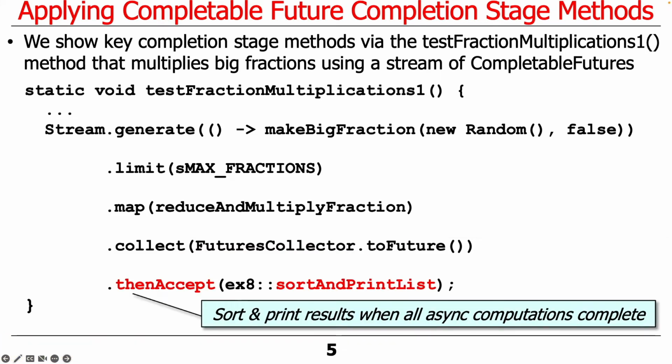And then when all those computations are finished running in the background, the thenAccept method is called. Remember, thenAccept is always used at the end of a chain of completion stage methods. And we pass in a method reference to a method that will sort and print the list of results when all the asynchronous computations complete. This is just the coolest thing ever.